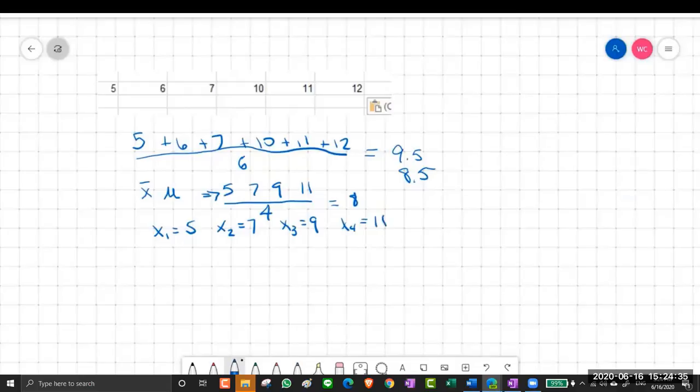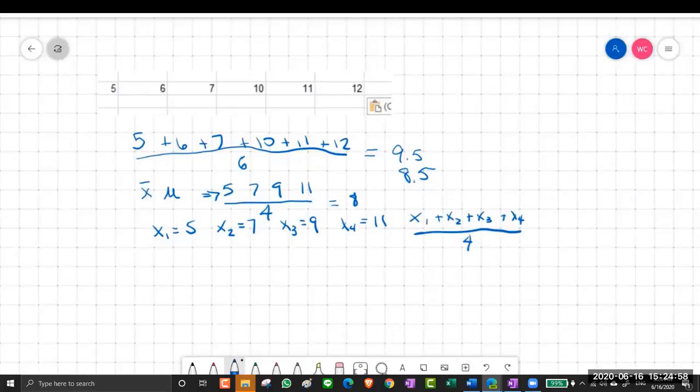So we could say that the mean is, instead of 5 plus 7 plus 9 plus 11, x1 plus x2 plus x3 plus x4 over 4, in this case, because there are 4 elements.